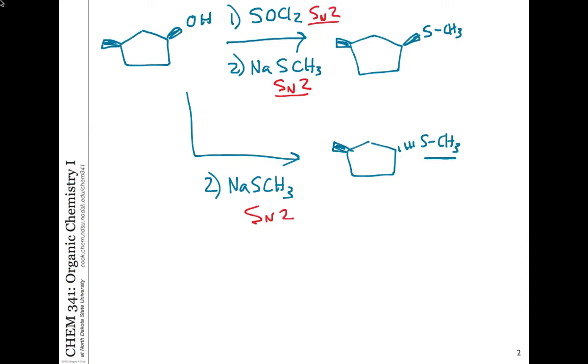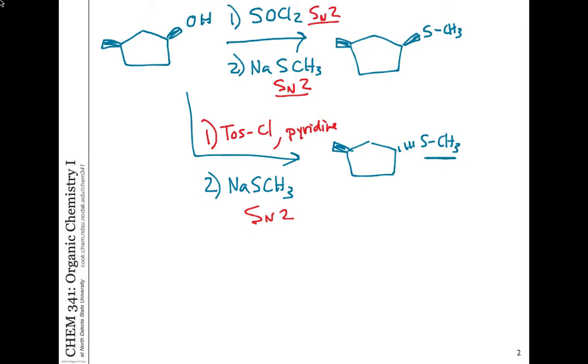So both of those in two inversions make the chloride, or you could use PBr3 to make the bromide, either way. In the bottom case, you need the para-toluenesulfonyl chloride and then pyridine to neutralize the HCl that gets generated.